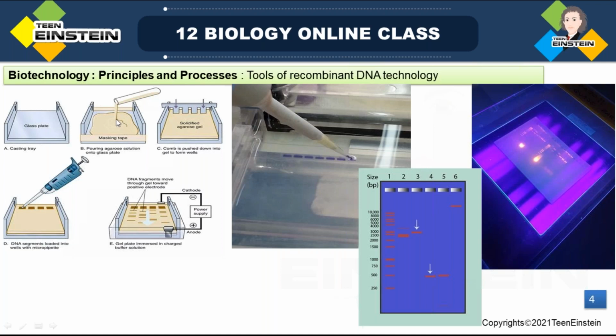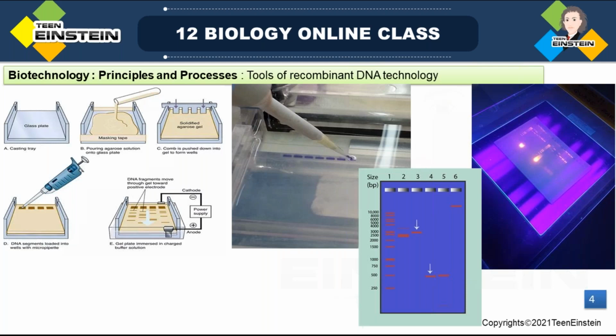After cooling, we pour it into the casting tray. This is the normal procedure we follow in research work in an R&D lab.